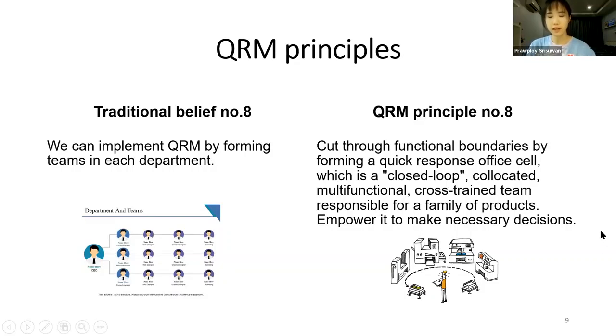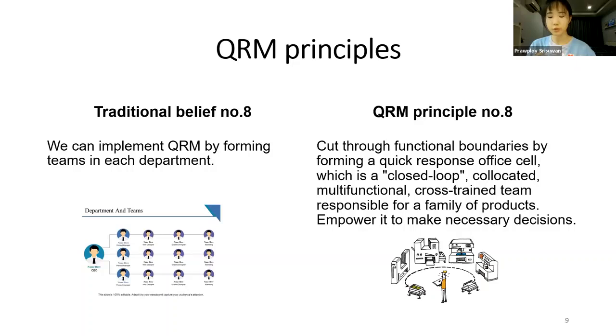People from a department can perform multiple steps of work or different types of work, and they should be cross-trained to do multiple processes and be co-located.